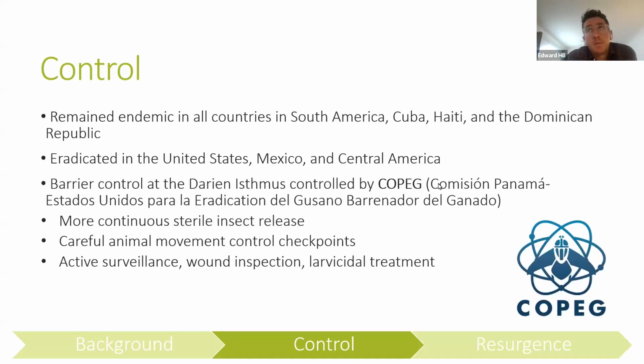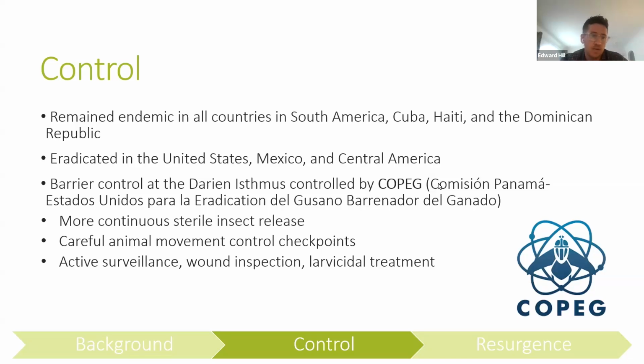The firewall at the Panama Isthmus was led by COPEG, a Panama-United States alliance, still active right now. There at that firewall, they reared 20 million sterilized screwworm flies every week and released flies every day or every other day to maintain constant control of the Darien Peninsula and prevent northward migration of this infection.